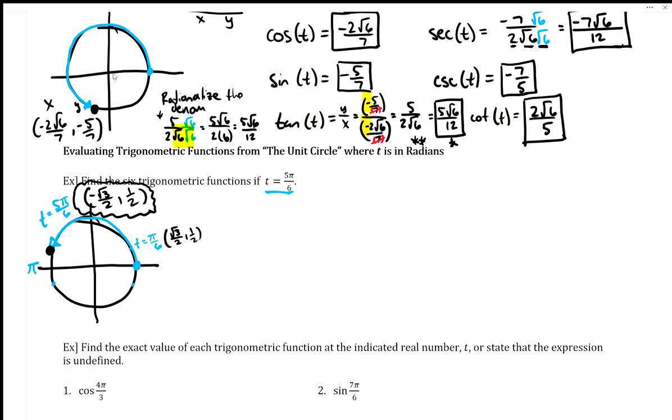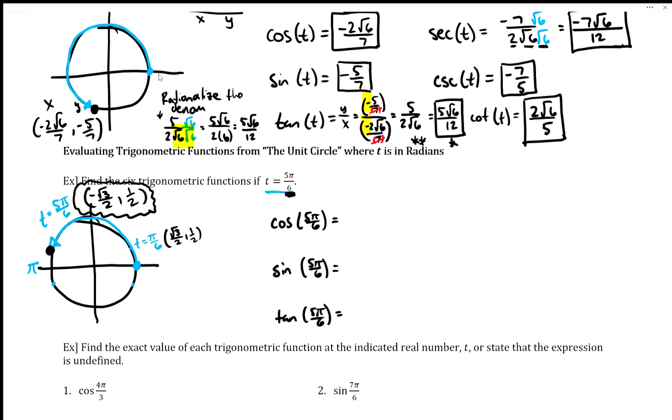Now I'm going to set up the same kind of table that we had before. I'm going to do cosine of t. However, they're saying t is a number in this problem, so let me erase that and change it to that actual number. Let's do cosine of 5 pi sixth, sine of 5 pi sixth, and tangent of 5 pi sixth.